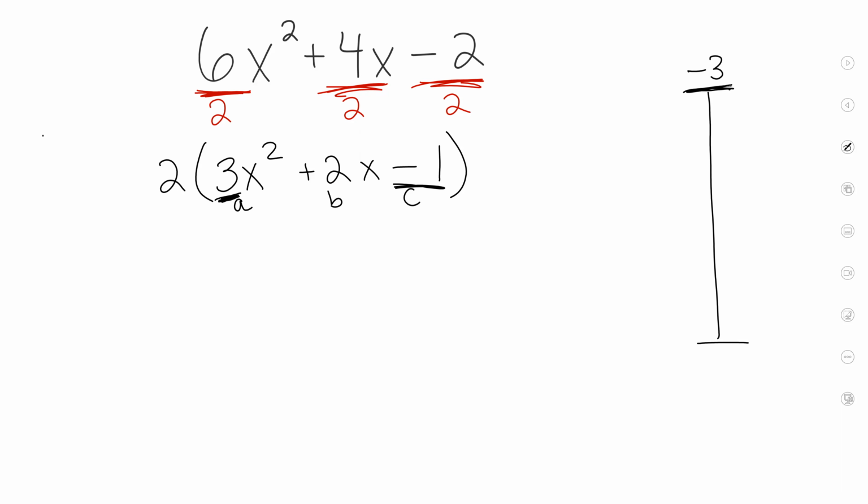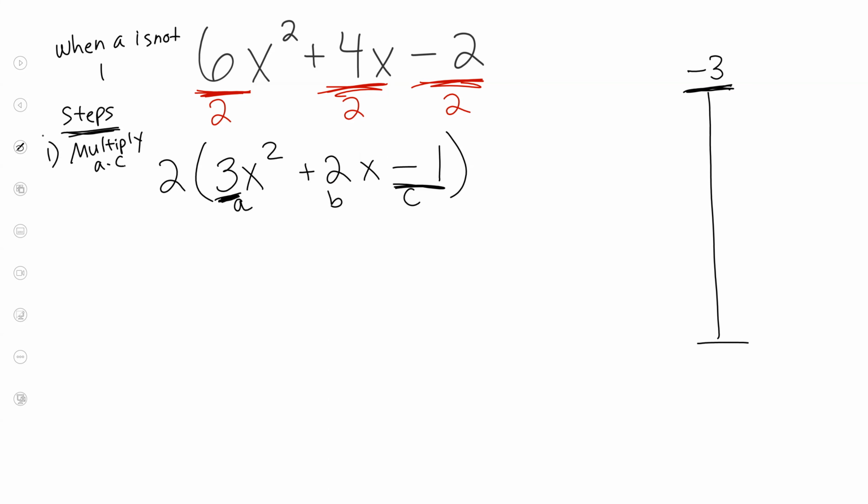So let's write the steps off to the side. So when A is not 1, you need to follow these steps. So first, multiply A times C. Then we're going to do a chart.